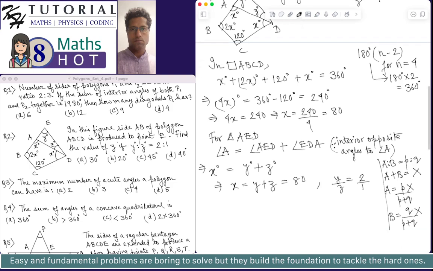Applying this, Z, which is what it is asking, will be equal to 1 by 1 plus 2 multiplied by y plus z, that is 80. This is equal to 80 by 3.